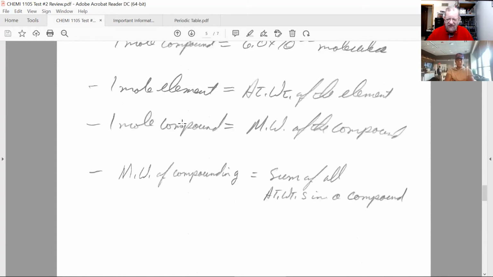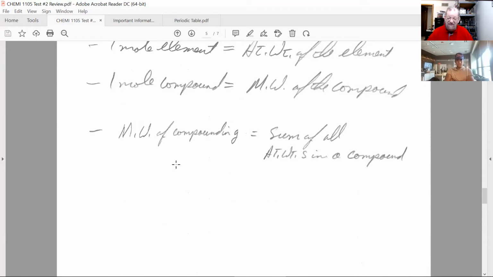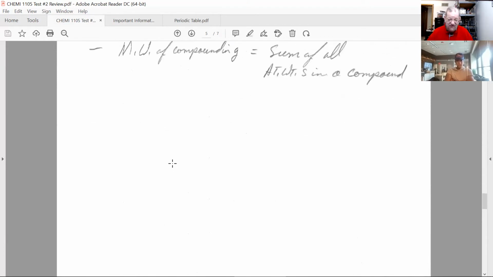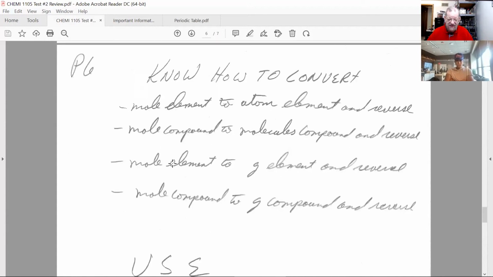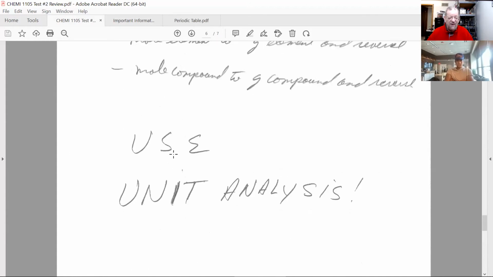Can everybody read where I have element and compound on the screen? If you don't, email me. And remember, use unit analysis. We've done it enough times.